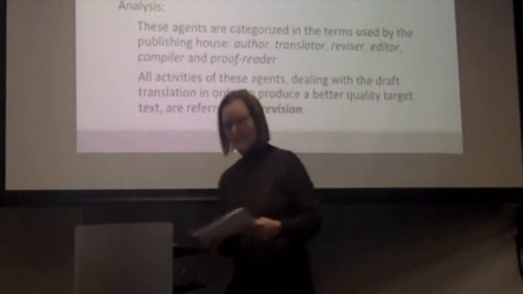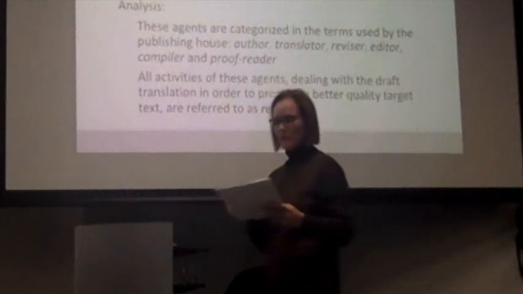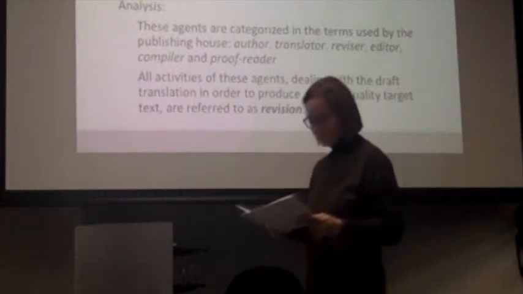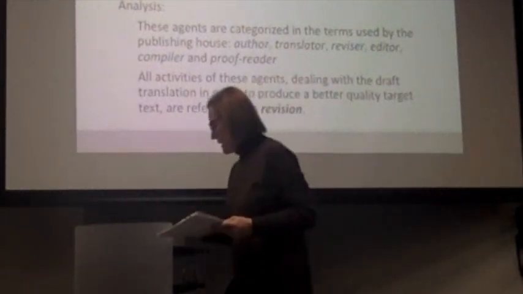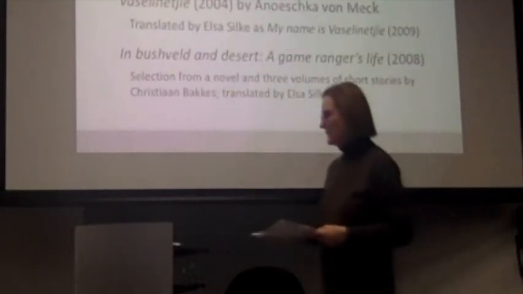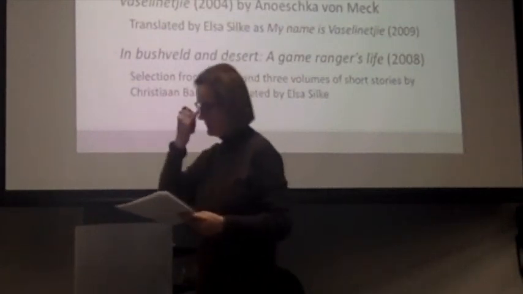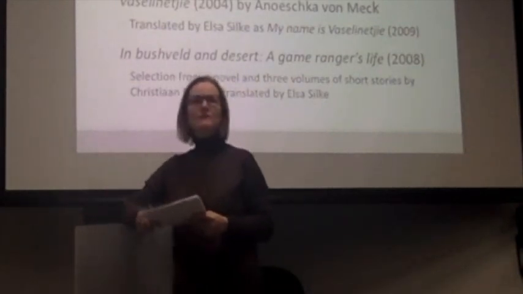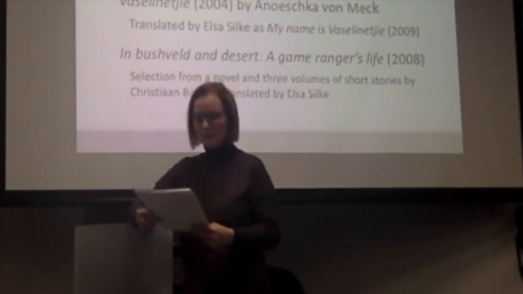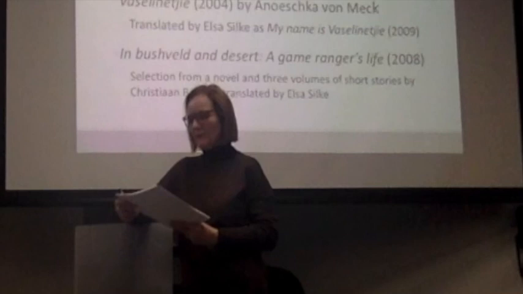So the activities and the orientation of all these agents were analyzed. And the books that we've dealt with were the following. If you want to, you can read the English translations. The first one is by Ingrid Winterbach. It was translated into English as To Hell with Cronje.